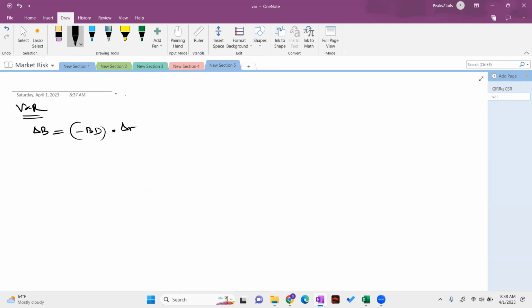Parametric form. Well, this is delta R, and this will be delta V. A normal distribution being scaled by a sensitivity, a scalar, simple constant sensitivity, will generate another normal distribution. But there is a minus sign here. For a long position, it scales by minus BD. So negative.